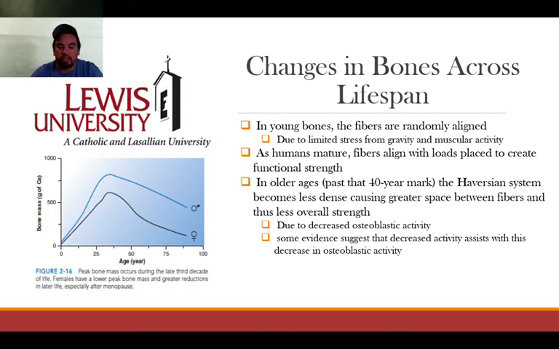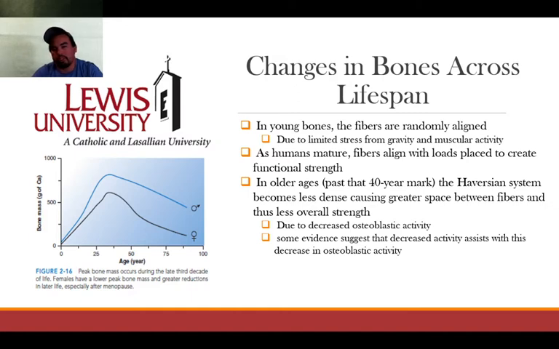Okay, due to a decreased osteoblastic activity is why this happens, and some evidence suggests that decreased physical activity assists with this decrease in osteoblastic activity. So what that means is typically as we get older, as we get past 40 years old, I'm not going out and playing pickup basketball anymore. I'm not lifting weights as much.